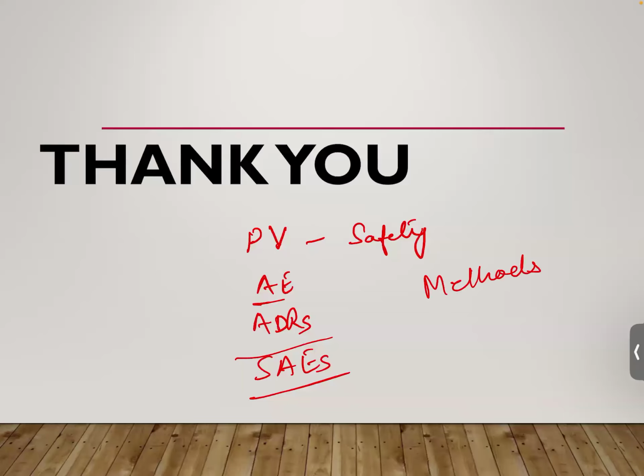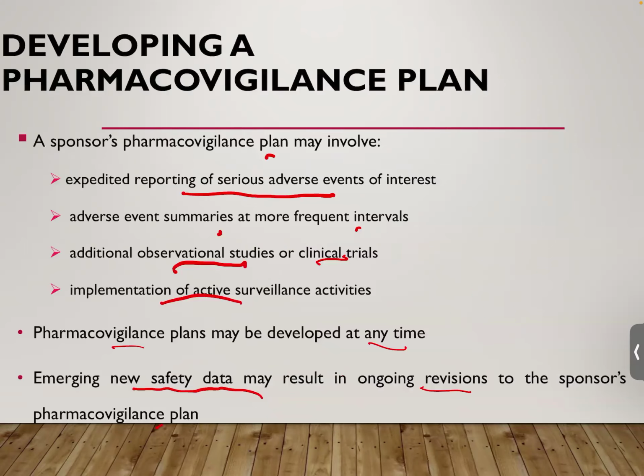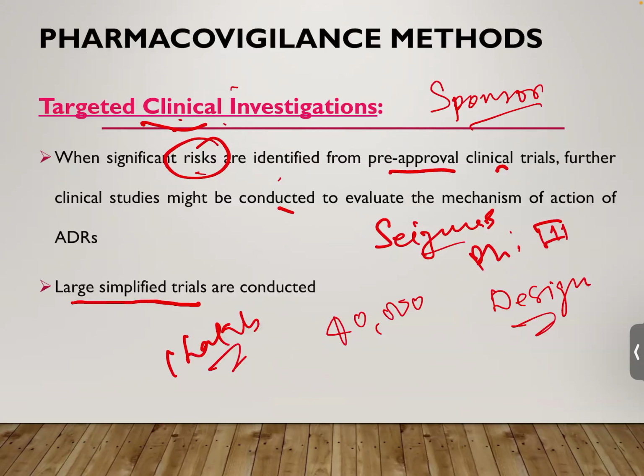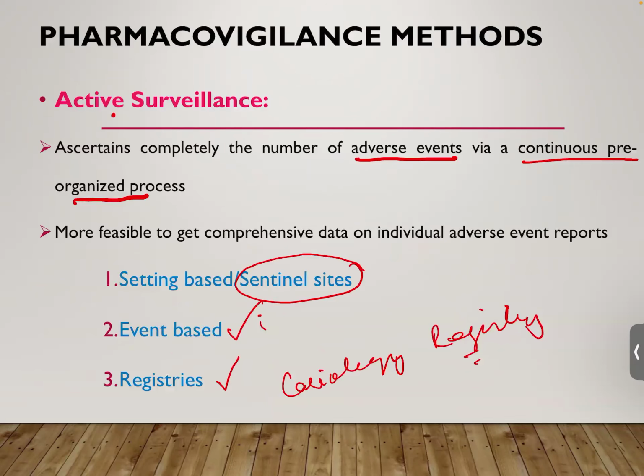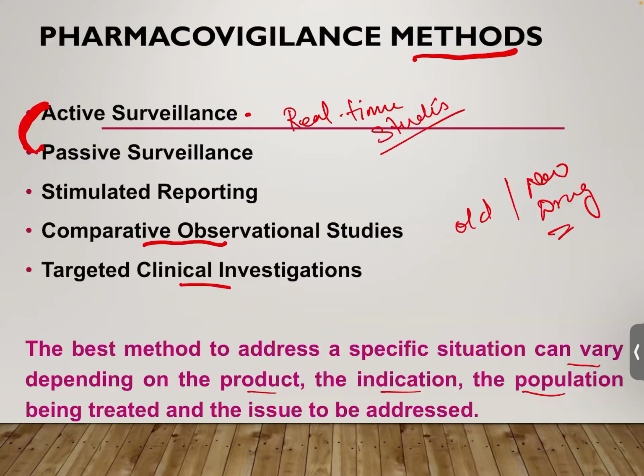What is active surveillance, active, passive, case control, planned studies, targeted clinical studies, comparative studies, stimulated reporting. Basically this slide, at least from today's class, is the biggest takeaway. For our next class, we'll go a little deeper.